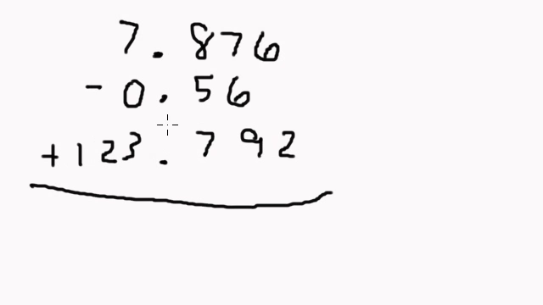The next step is you need to find which one of these has the least amount of decimal places, and 0.56 actually has 2 decimal places. That's the least amount. So I'm going to draw the line right through here. Alright, and I'm going to take out the calculator and find out what the answer to this is.